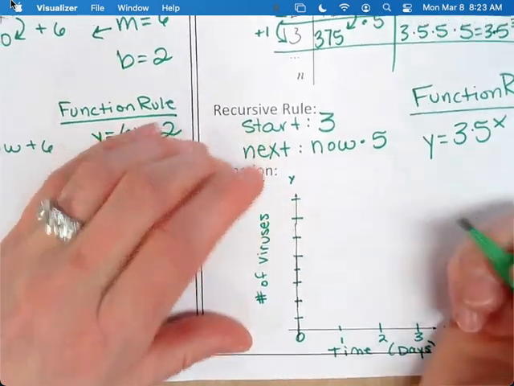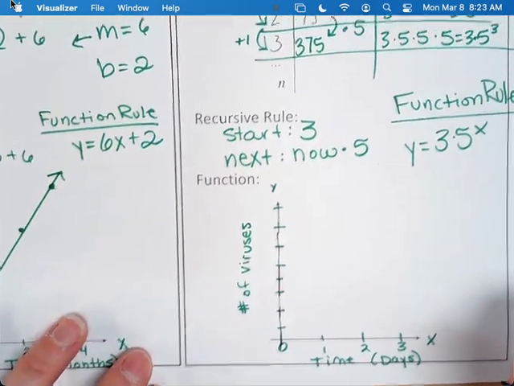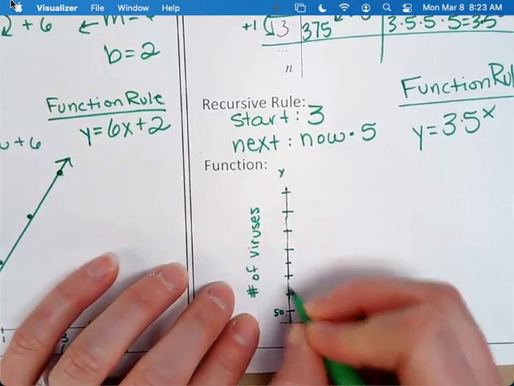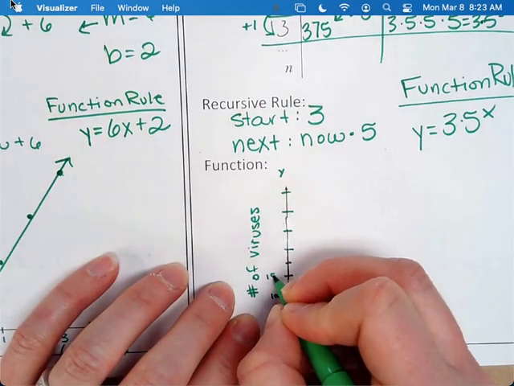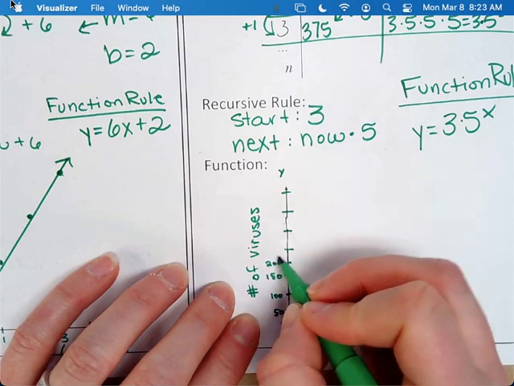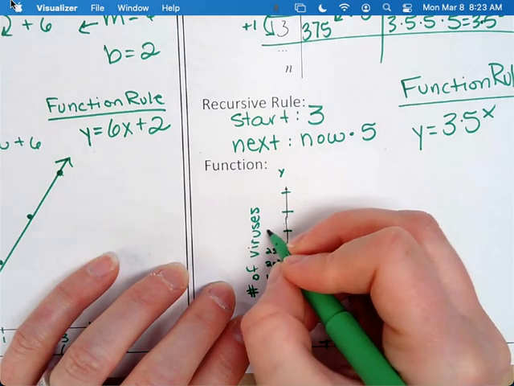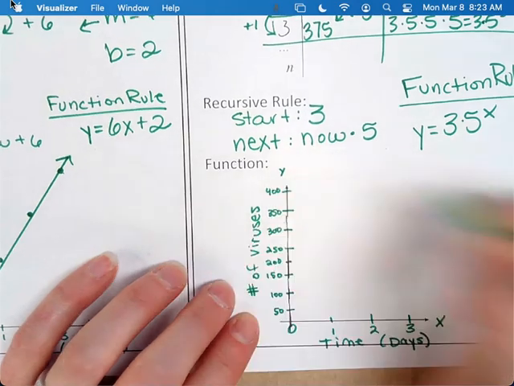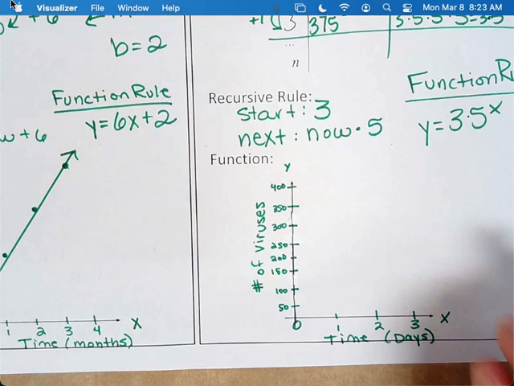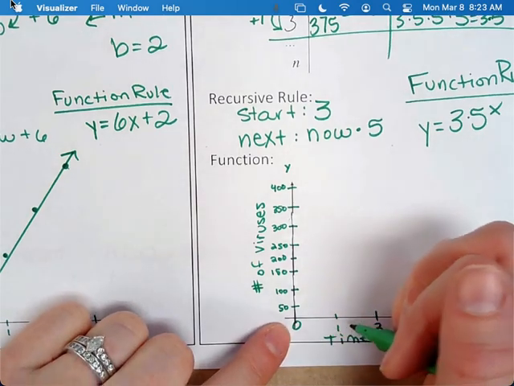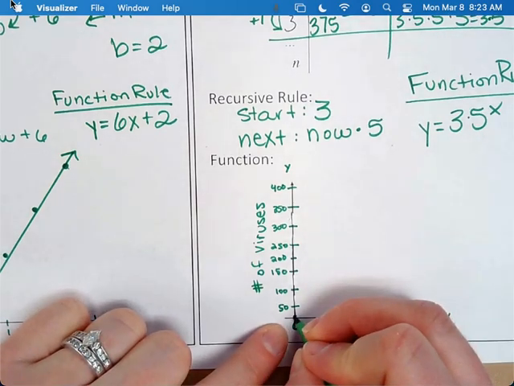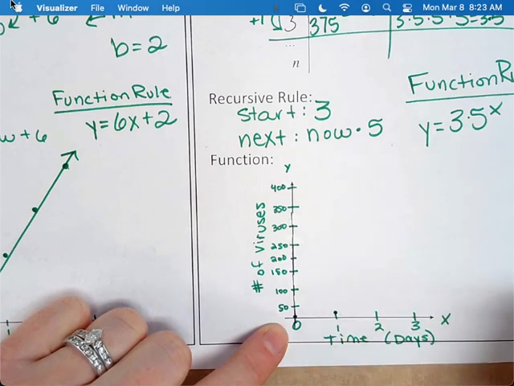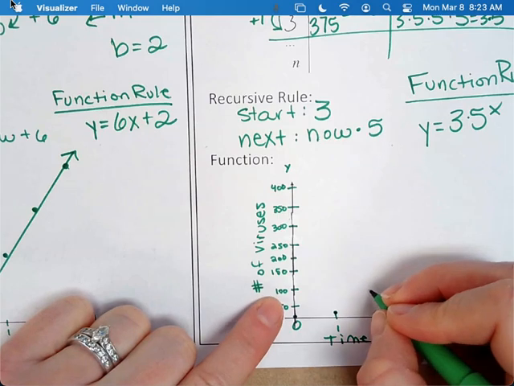All right, so we'll graph it. So 0 is with 3. I'm going to put my numbers here real quick. So 0 is with 3, so it's really, really low. 1 is with 15, still low. 2 is with 75.